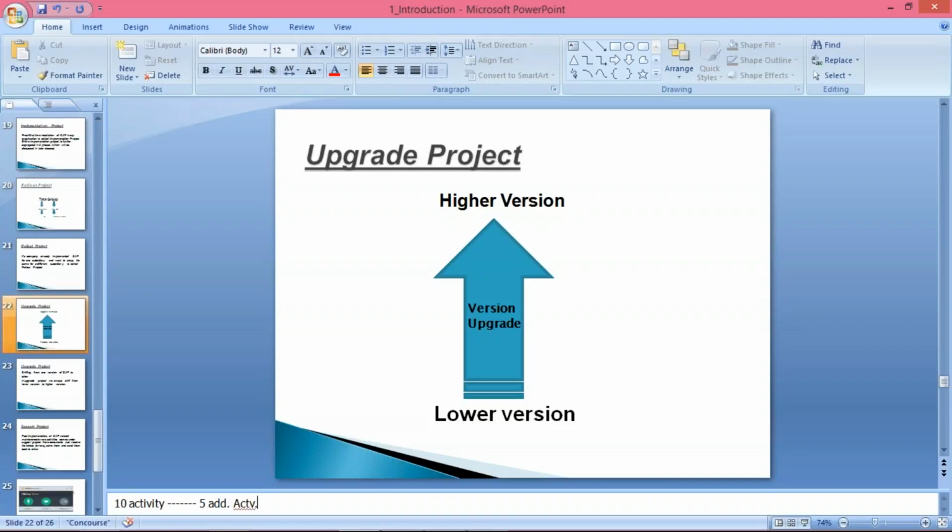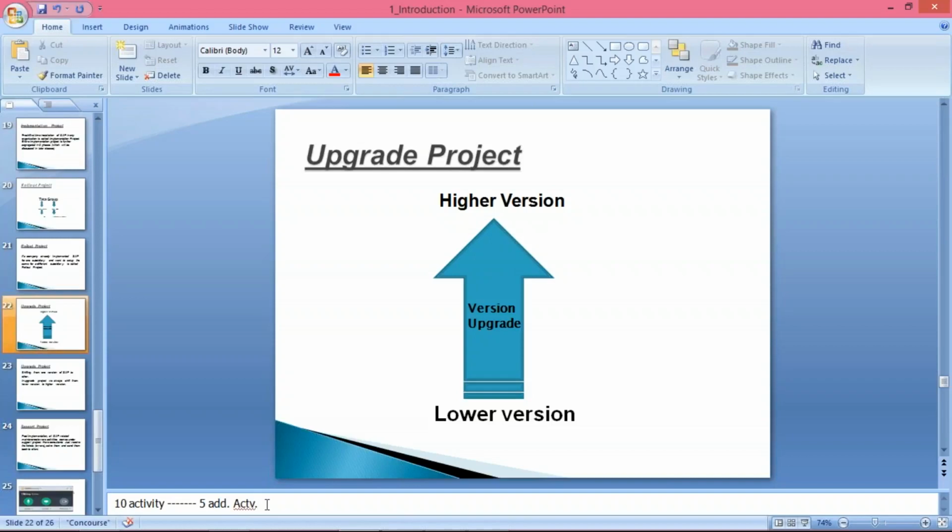So during upgradation, once the upgradation is completed, we have to perform testing also. What are we going to test? At any cost, the 10 activities which were there in the earlier version, meaning the old version, those we have to deliver. And apart from this, the new 5 activities which we have explained, those also we have to test.